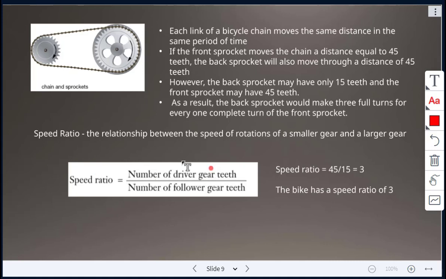It's the number of driver gear teeth divided by the number of follower gear teeth. The front sprocket has 45 teeth, the back one has 15 teeth. So 45 divided by 15 is equal to 3. Therefore, this bike has a speed ratio of 3.